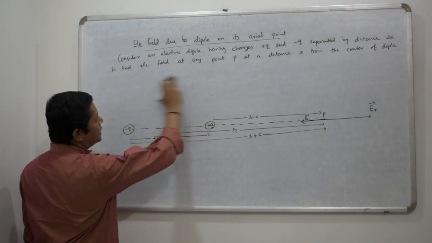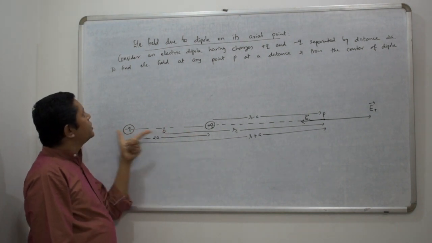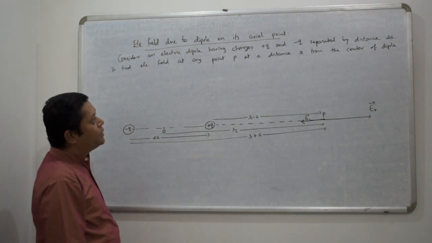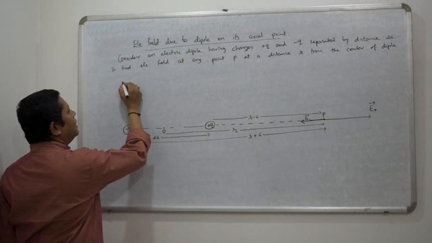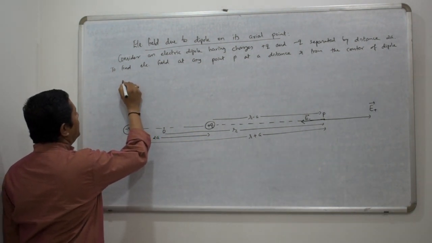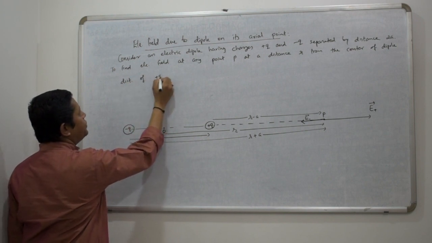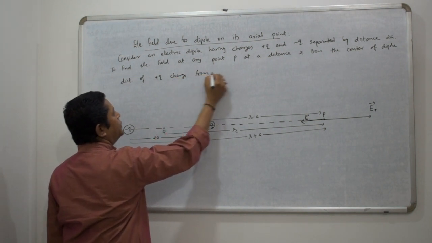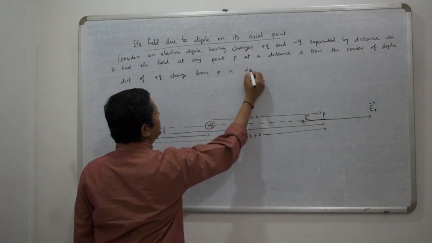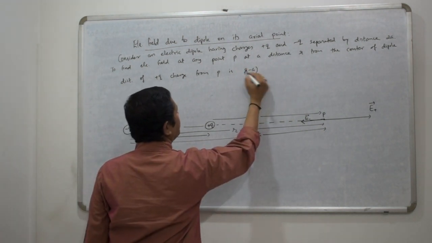So here we have considered an electric dipole having charges plus q and minus q separated by distance 2a. We want to find the electric field at point P at a distance r from the center of the dipole. The distance of the positive charge from P is r minus a.